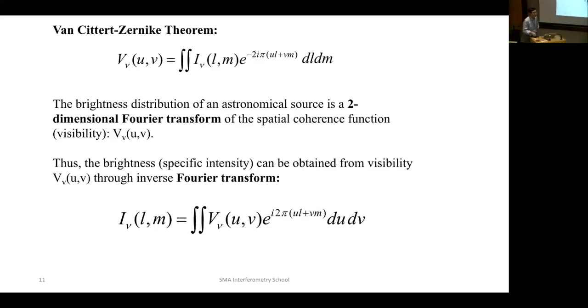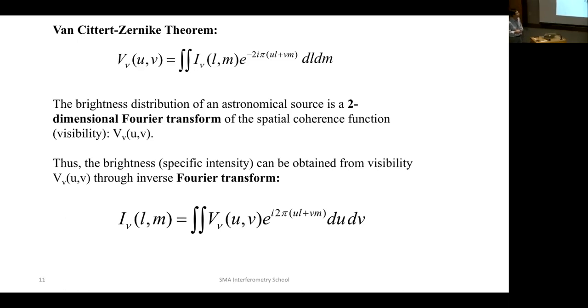This is what we often refer to as the van Cittert-Zernike theorem, which was first derived in optics in the 1930s. It is the basis of a lot of what we do, and you'll probably see this relation in later lectures when we talk about imaging and Fourier transform image reconstruction. What it says is that if you have visibilities measured with an interferometer, you can get your brightness distribution back by inverse Fourier transformation.